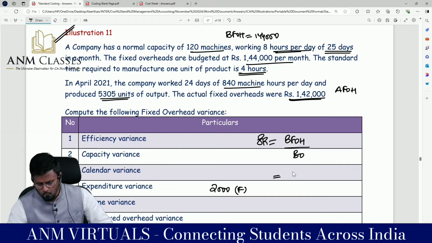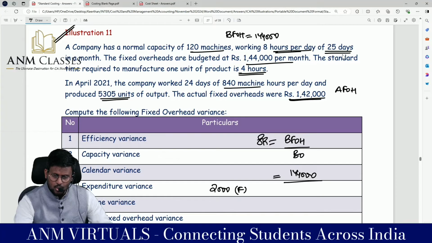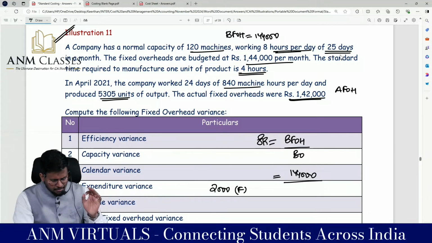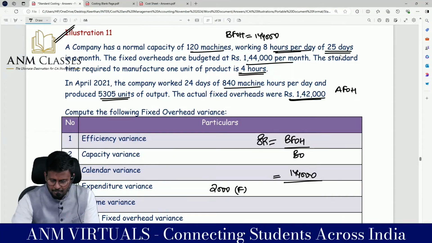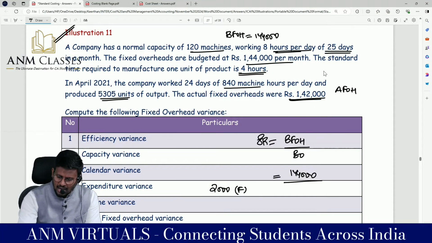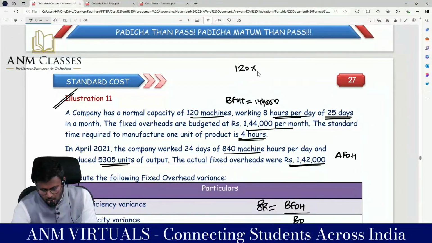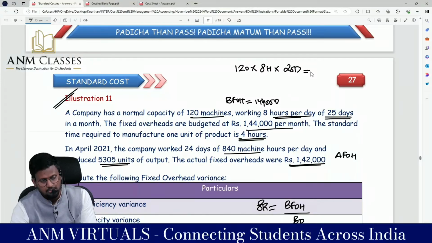Correct? Yes, sir. What is the BFOH? 1,44,000 divided by the budgeted output. How many units? 6,000 units. Have they mentioned 6,000 units? No, sir. But we have the budgeted output: 120 into 8 hours into 25 days.